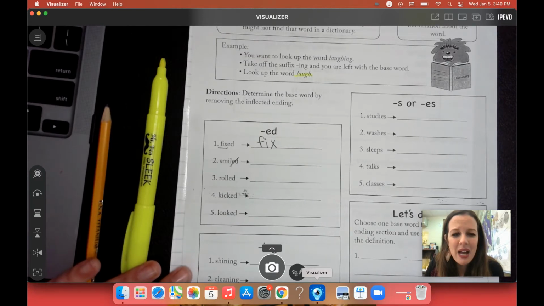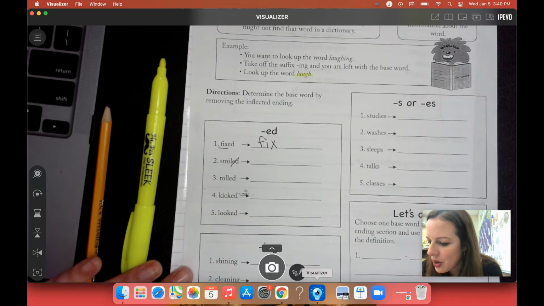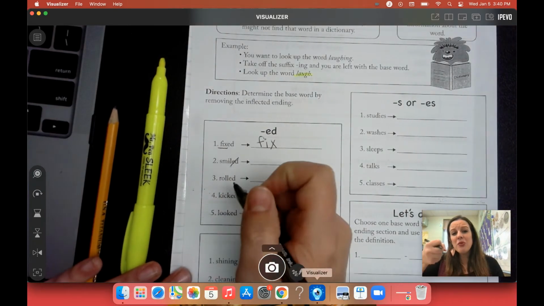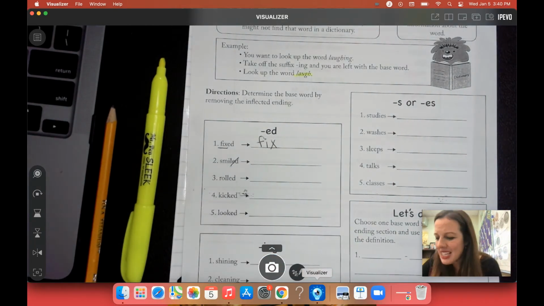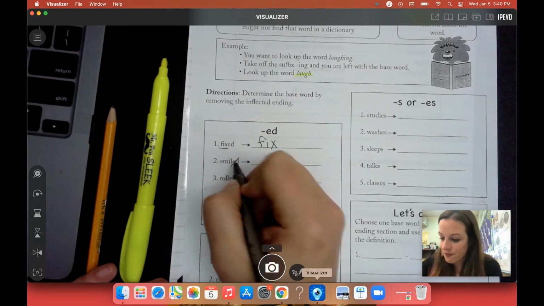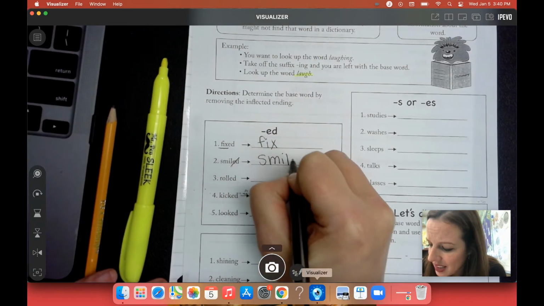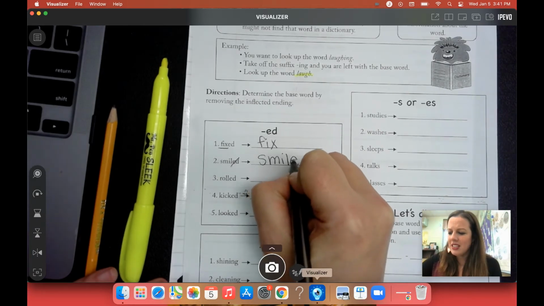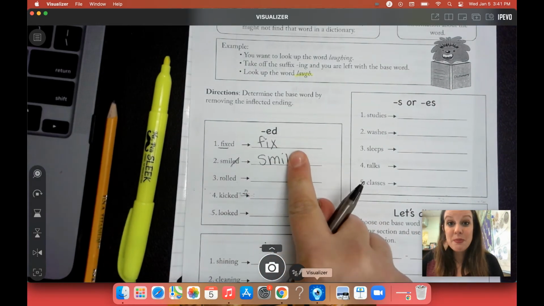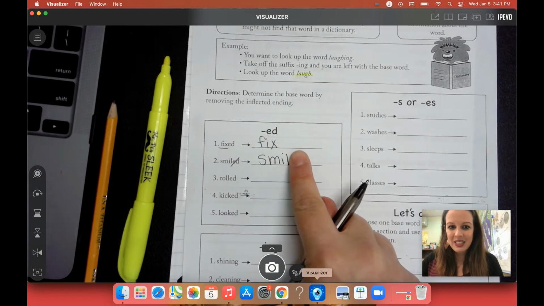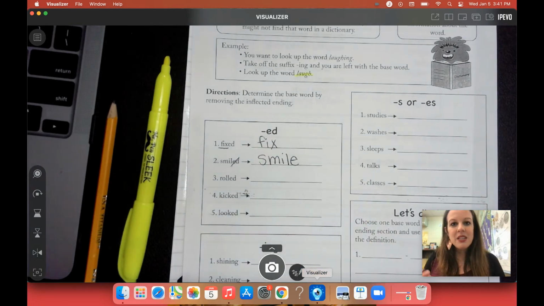I have smile. Now notice that removing ed means I'm removing the sound. I still need the e to spell the word smile. If I took the e off, I would have spelled the word smill, which is not a word. Smiled, the base word is smile.